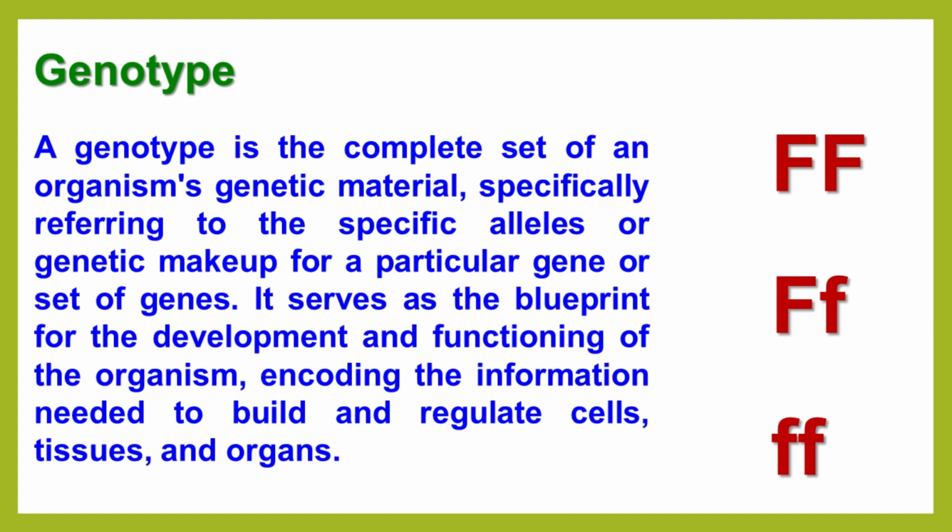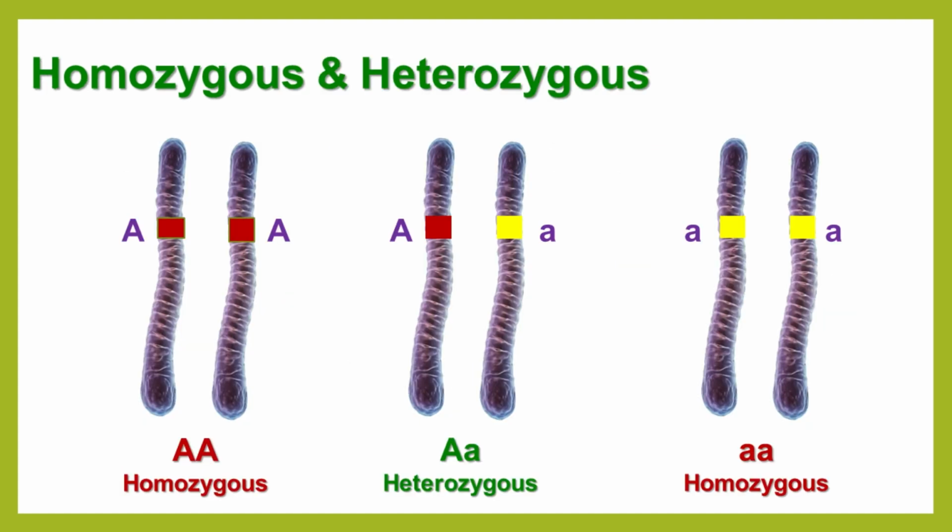For example, if a gene has two alleles, big F and small f, the genotype of an individual could be one of the three possible combinations listed on the right. Now, when we look at an individual genotype, it could be homozygous, which means the individual has two identical alleles for a particular gene or genetic locus.